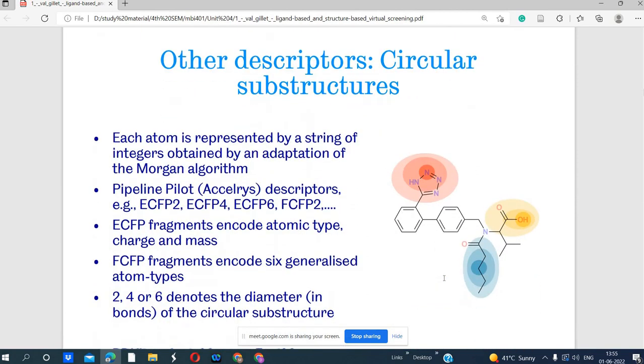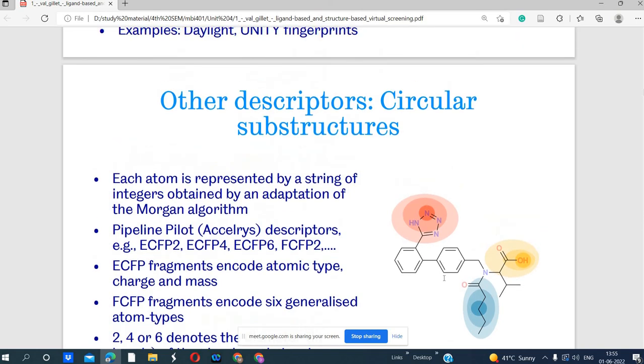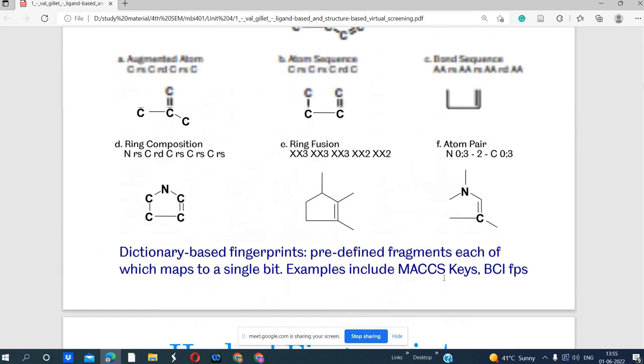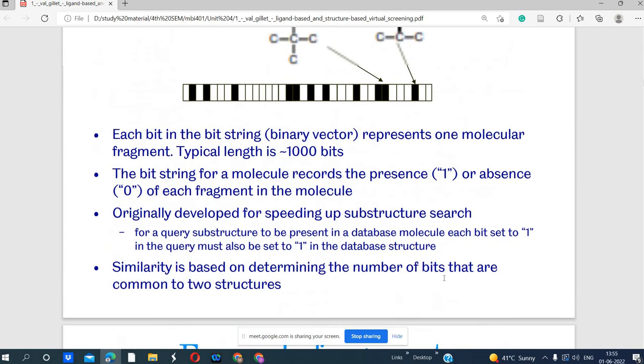Other descriptors, we also have other descriptors for the circular substructures. Circular substructures, like an orange or a basketball, may have the same, or the banana also has circular substructures. So here you can see there is a similarity between the banana and the basketball also.